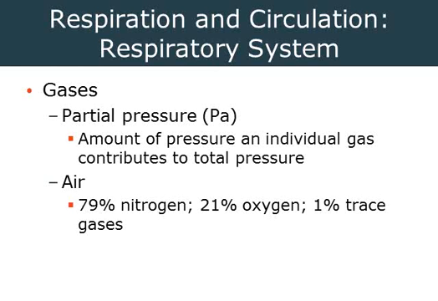Or we could take and multiply the 21%, so 0.21 times 760 torr, which gives us 159.6 millimeters of mercury. Roughly 160 millimeters of mercury is the partial pressure of oxygen in room air at sea level.